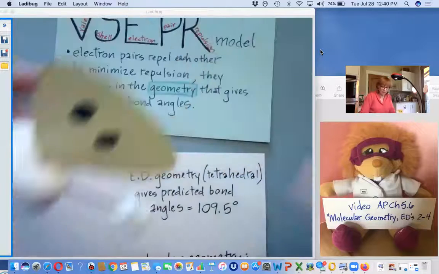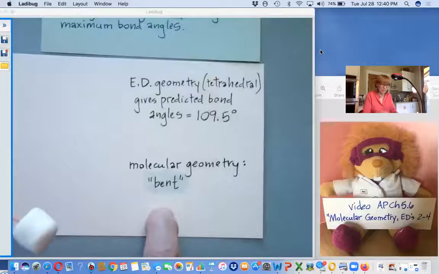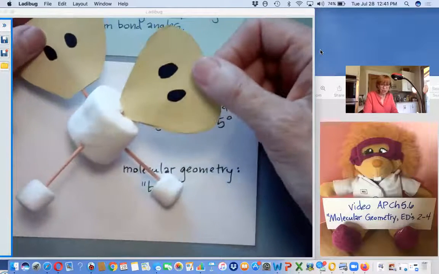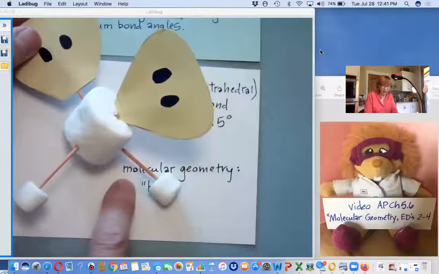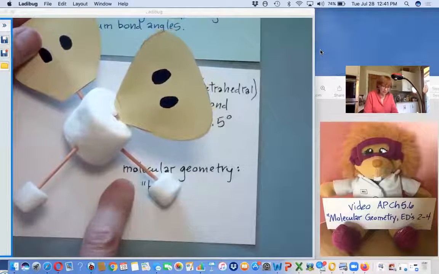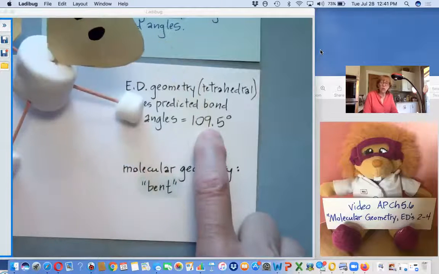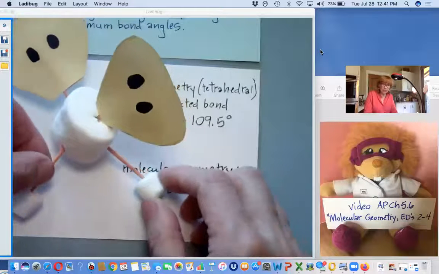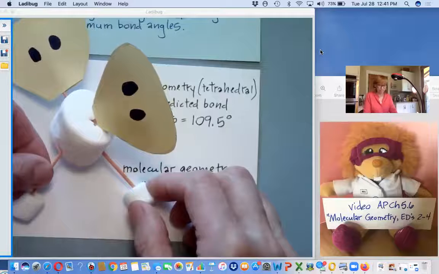And the name of this molecular geometry is the very scientific sounding bent. This is a bent geometry. The bond angle is a little bit less than 109.5. So our predicted bond angle, 109.5. In reality, it's a little bit less, not much, maybe a couple of degrees.